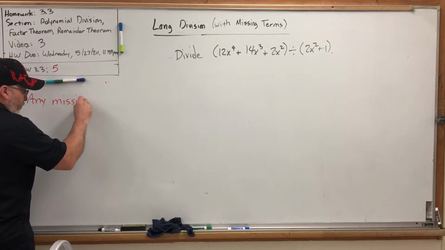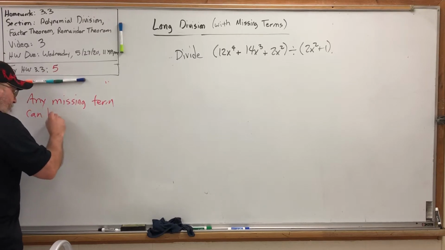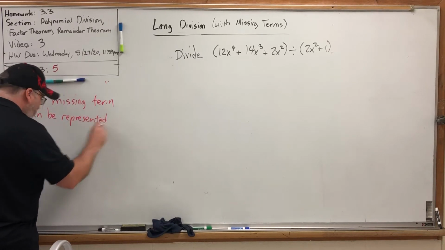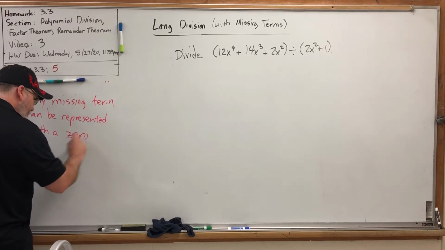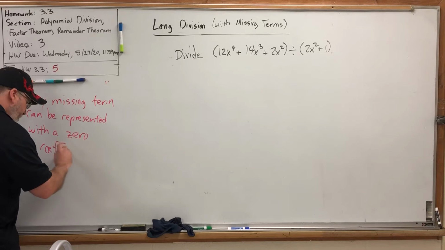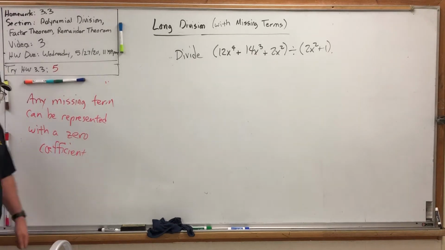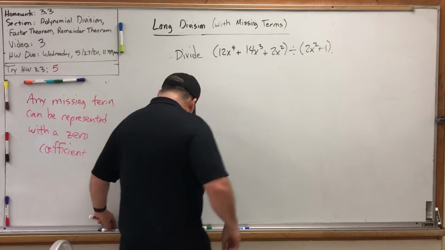Any missing term can be represented with a 0 coefficient. So in other words, when you go to write a term and it's not there, just write it with a coefficient of plus 0.